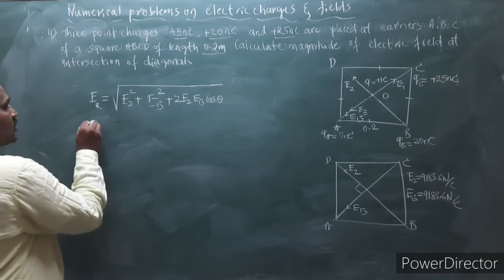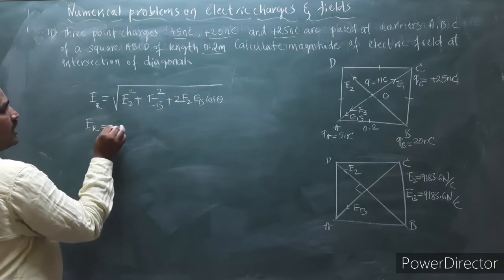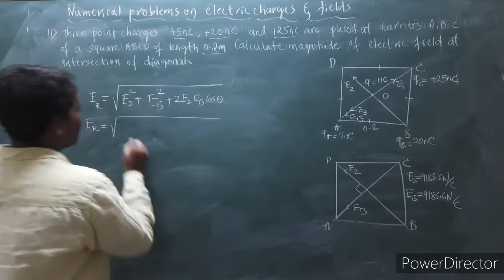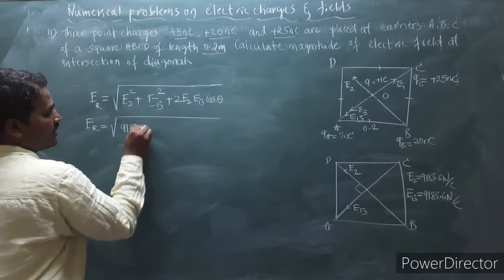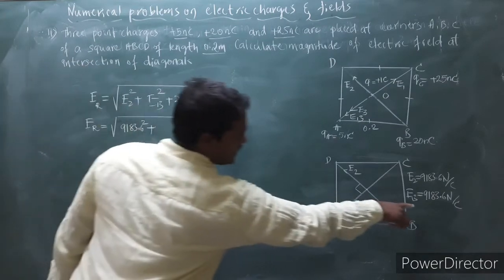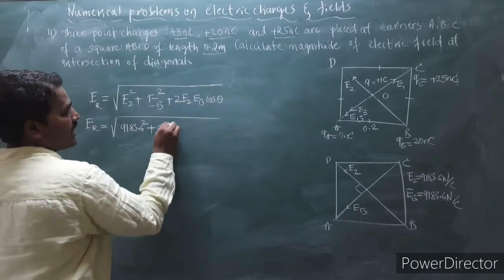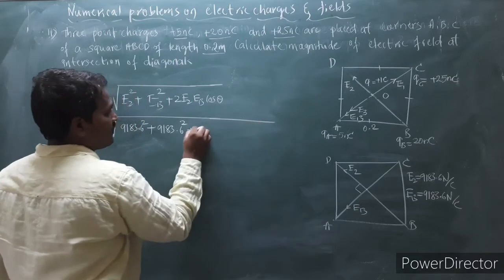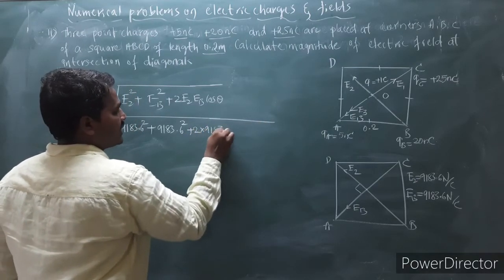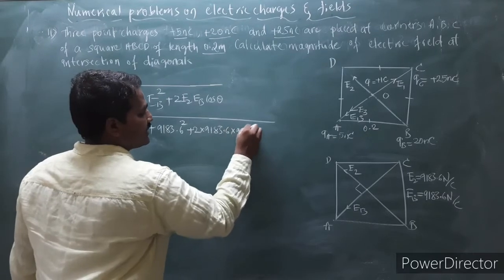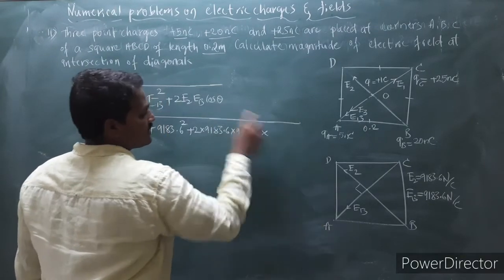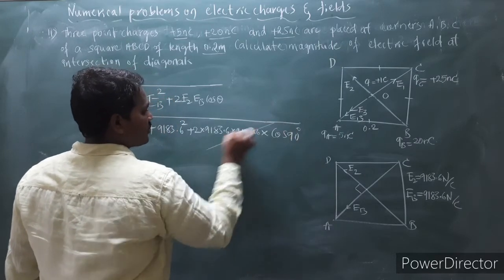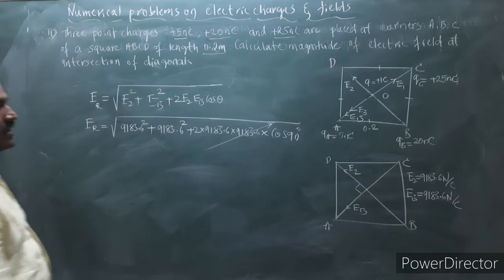When I substitute the values, ER is equal to the square root of 9183.6 square plus 9183.6 square plus 2 into 9183.6 into 9183.6 into cos 90. Cos 90 is equal to 0, so this whole term becomes 0.